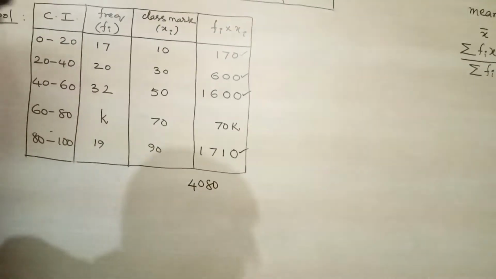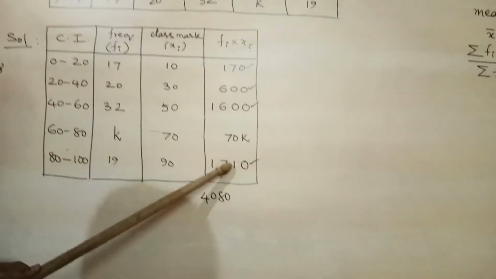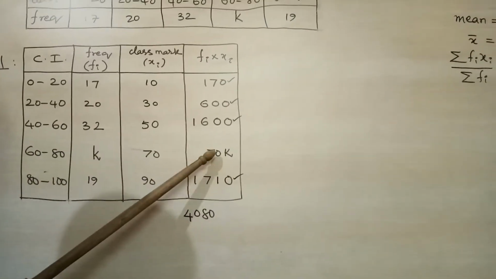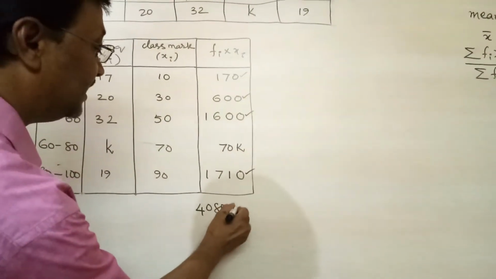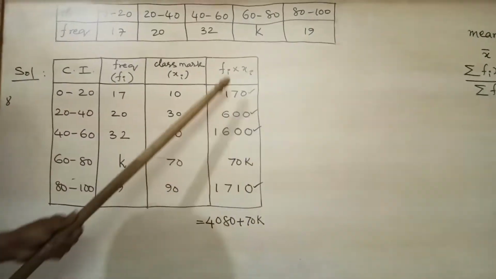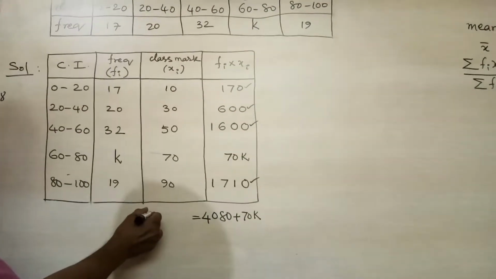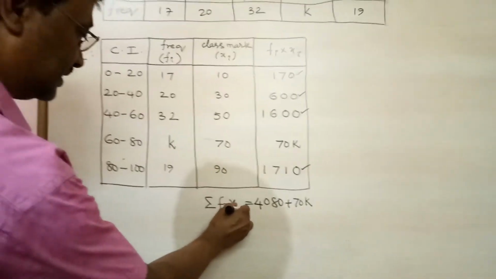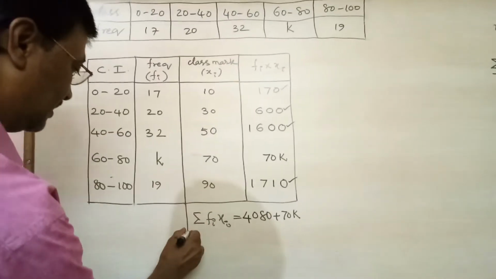Sum of these constants is 4080. The remaining is 70k. This is the value of the sum of sigma fi xi.